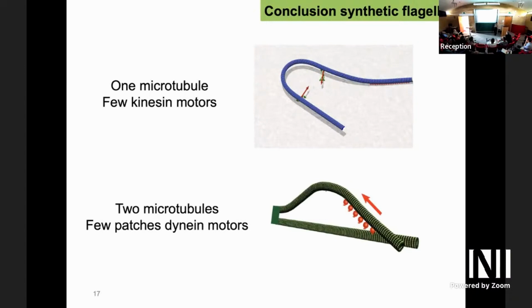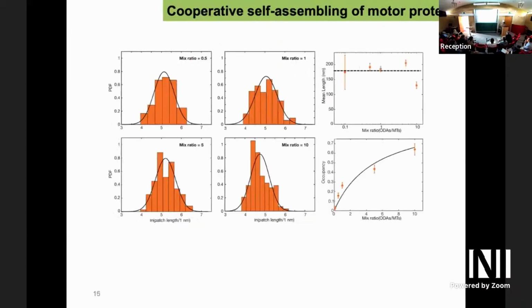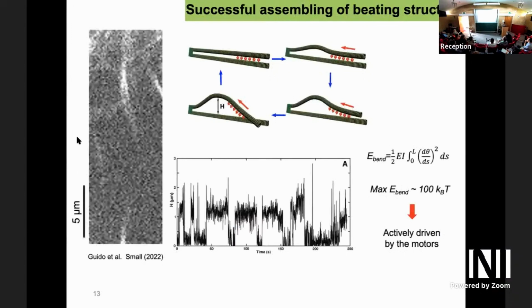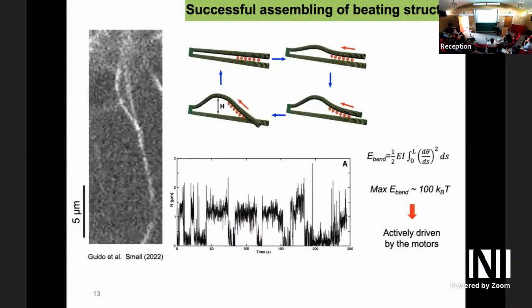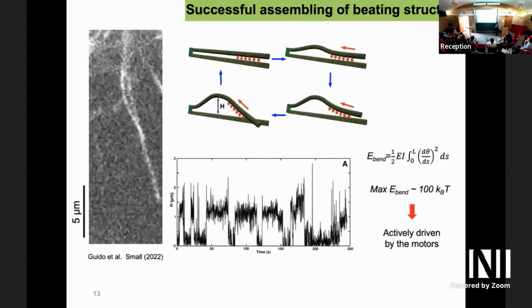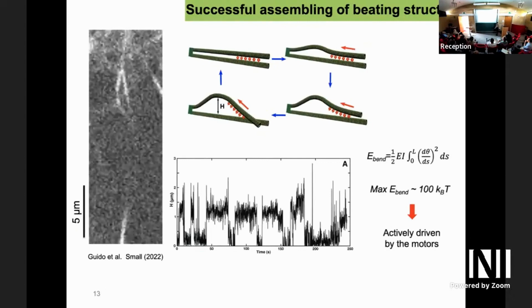Question: do the two microtubules remain in the same plane, or do they go out of the plane? Of course, if you see some of the movies, you see that sometimes they go out of plane, because you have the feeling that they rotate on top of each other.